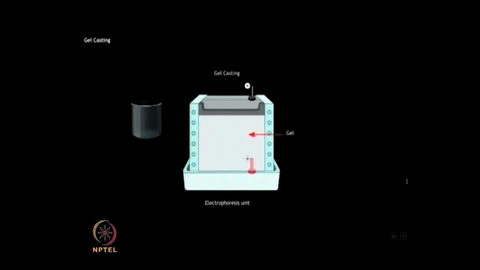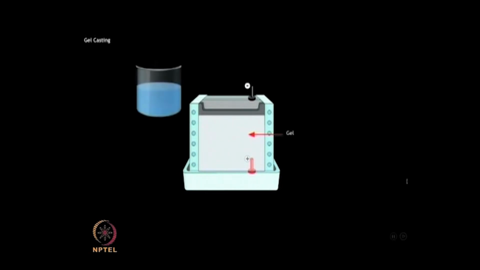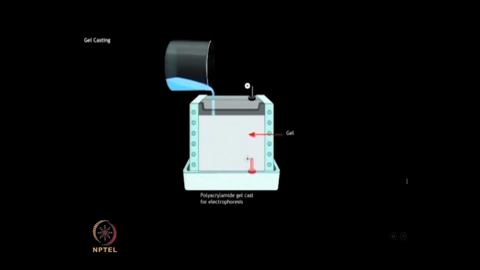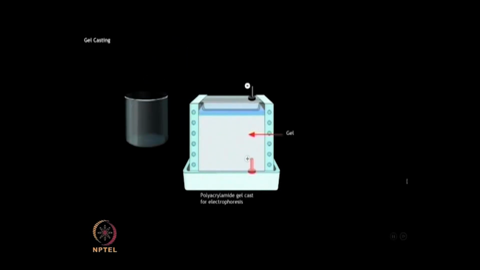The gel is prepared by free radical induced polymerization of acrylamide and bisacrylamide in a suitable buffer. Ammonium persulfate and TEMED are added to facilitate the generation of free radicals and cross-linking.